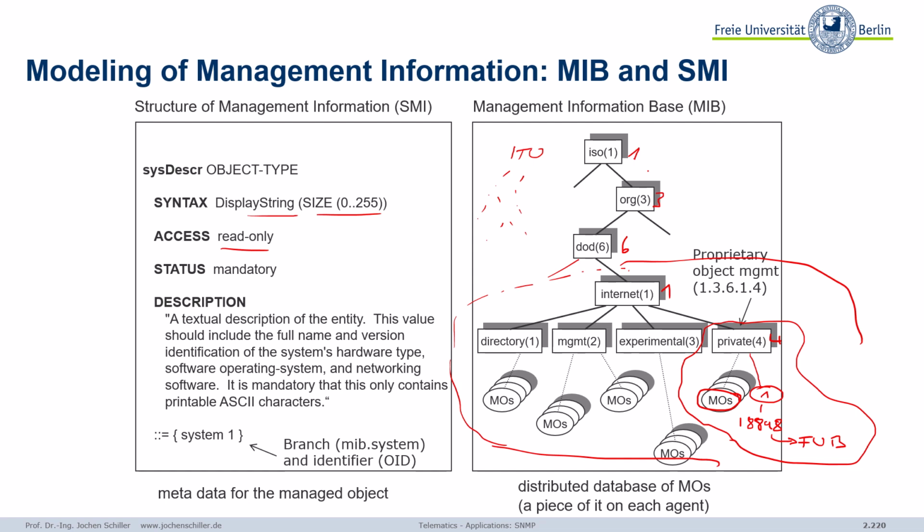Some more examples will follow of how we find exactly, how we really describe this specific object. So an abstract way of describing what we mean. System description is a certain object with a syntax, with an access, in this case read-only, with a certain status and a certain description. And you will find this managed object somewhere down there in the tree.